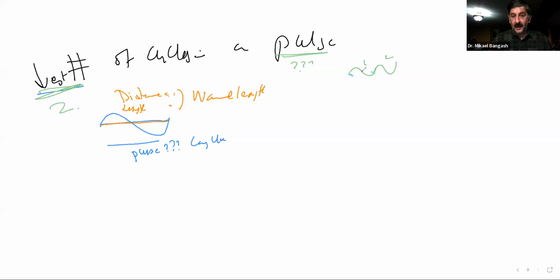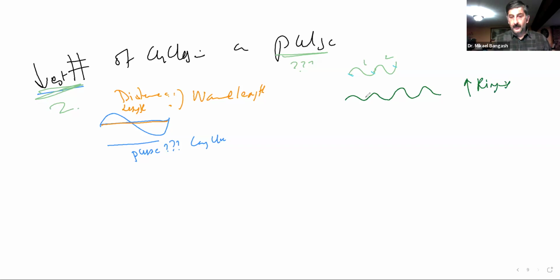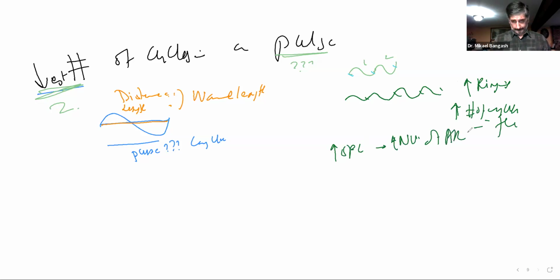If you compare a pulse with two cycles, each cycle having the same wavelength, to a pulse with, let's say, 4 cycles, we will have more ringing because we have a greater number of cycles in the pulse. That more ringing causes the spatial pulse length to increase, which will increase the numerical value of the axial resolution.